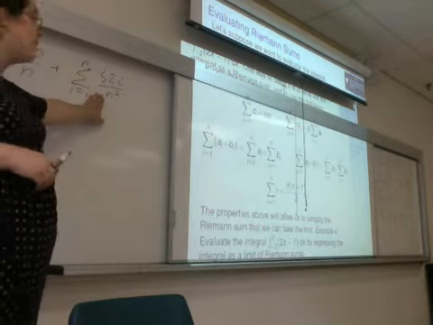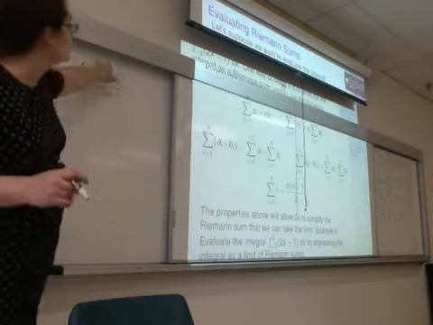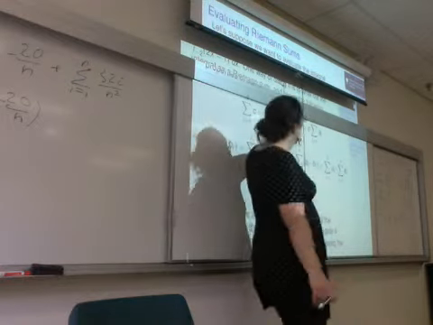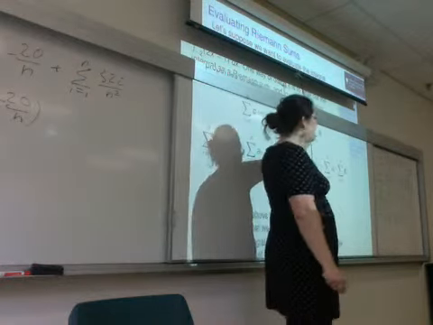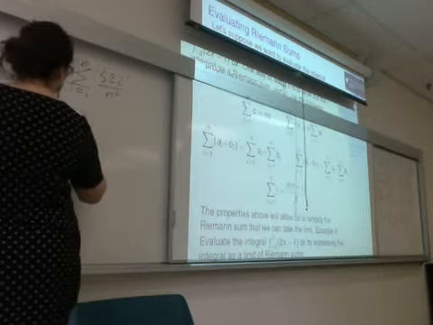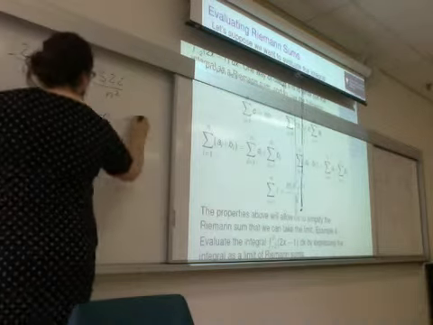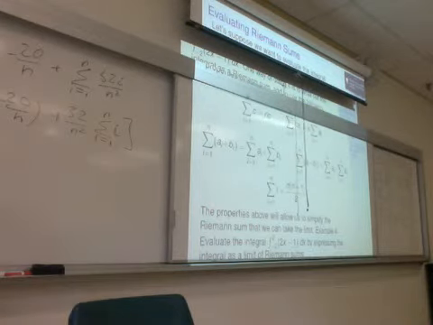For the second one, we can think about this 32 over n squared as a constant times something which depends upon i. So the 32 over n squared can be pulled out front, and we're just left with this thing.